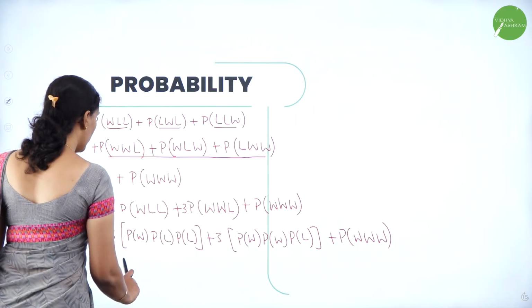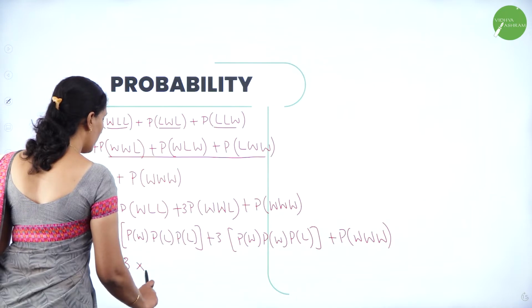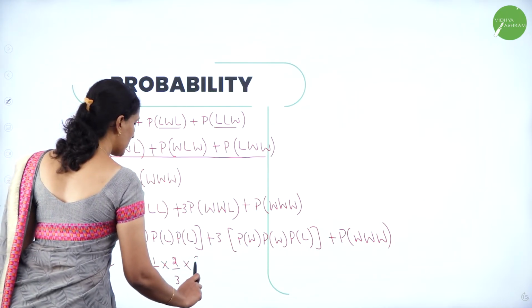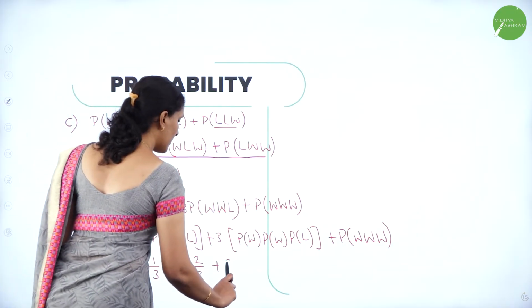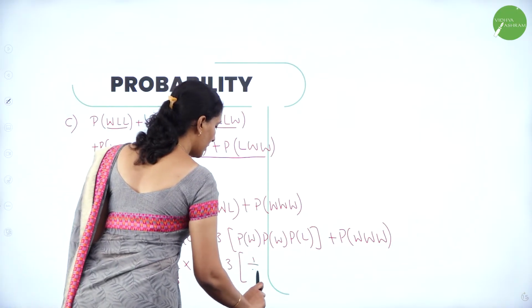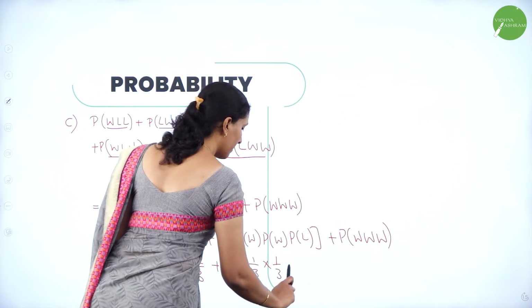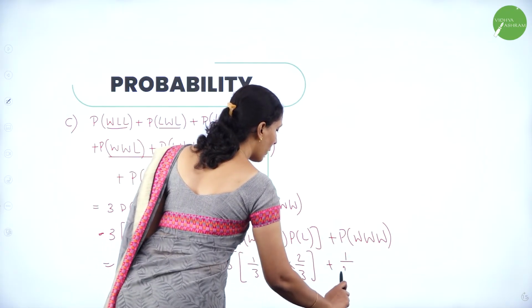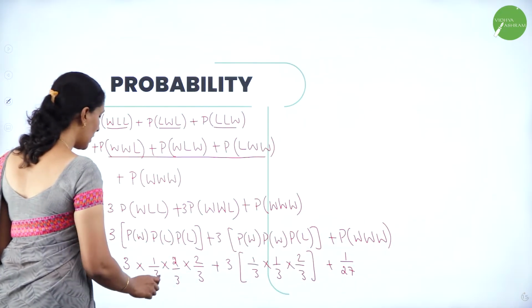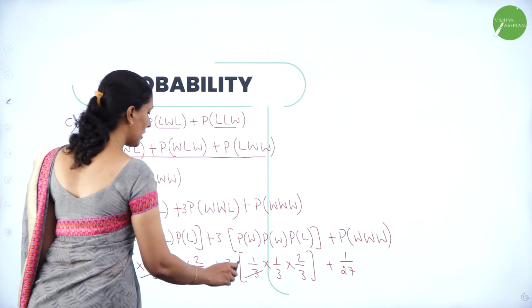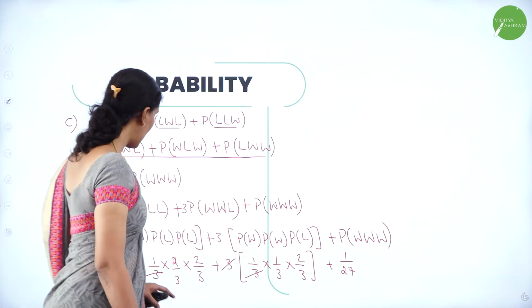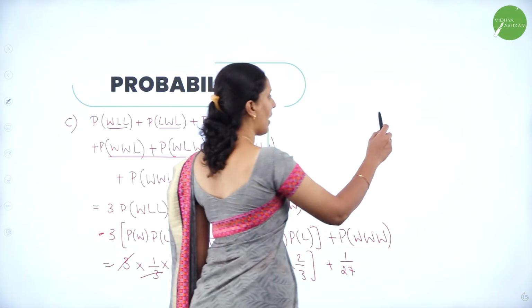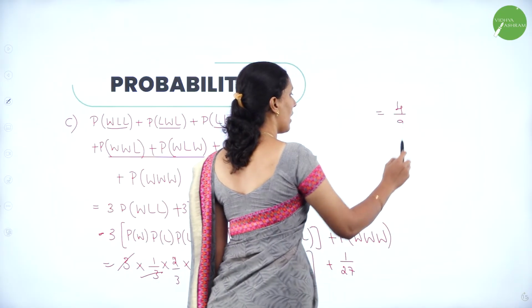So let's see now: 3 times 1 by 3, 2 by 3, 2 by 3, plus 3 times 1 by 3, 1 by 3, 2 by 3, plus the 1 by 27 that we have already found. Now the 3s cancel, and the 3s cancel. 2 2s are 4, 3 3s are 9, so the value is 4 by 9.